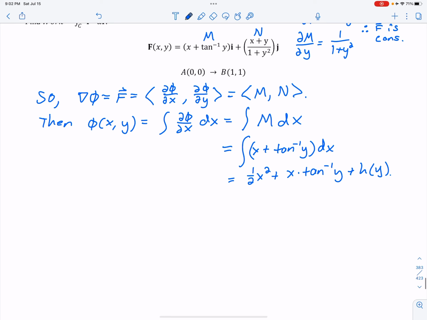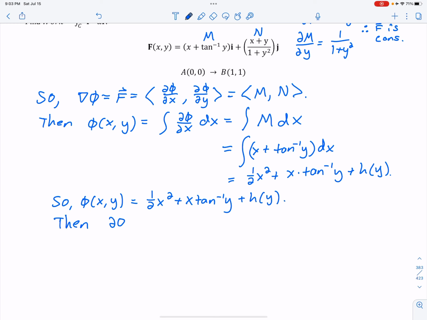There we go. All right, so I like to write it down again, just like every time I do one of these. I have a very predictable pattern that I'm doing every time. I know exactly how I'm going to write it. Okay, 1/2 x squared plus x inverse tan of y plus h of y. So I'm going to take the derivative then.